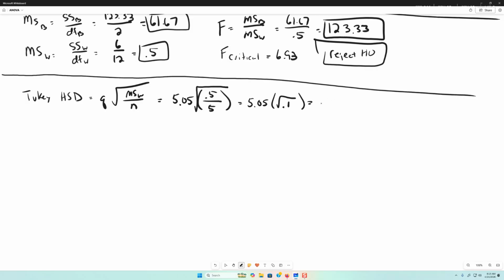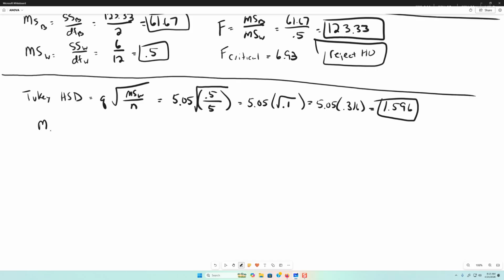So this becomes 5.05, and the square root of 0.1 is 0.316, and I multiply that by 0.316, I get 1.596. So the means have to be separated by a minimum of 1.596 for them to be deemed significantly different from each other. So let's find the 3 means.